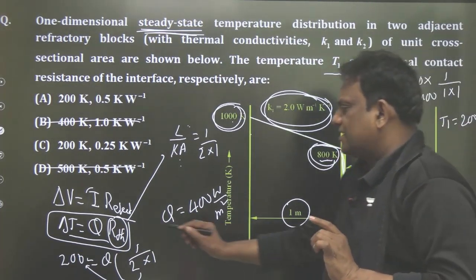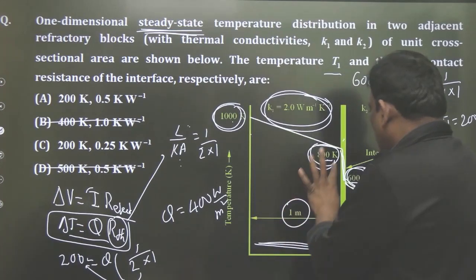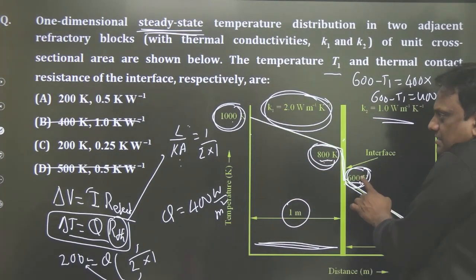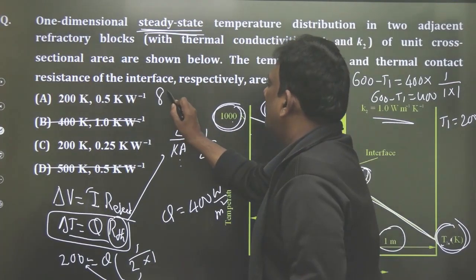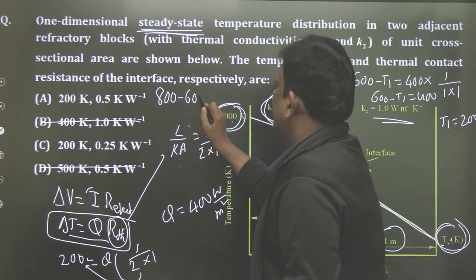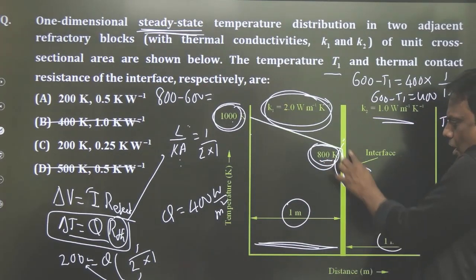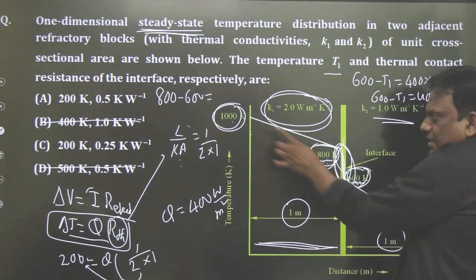So let me apply this equation. Delta T is Q into R. In this, I will calculate the resistance. Delta T, applying between these two for this contact: 800 minus 600 is 200.